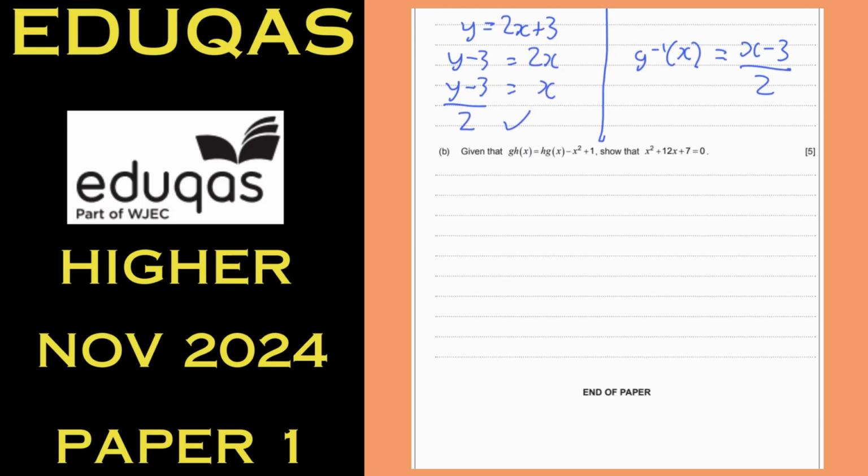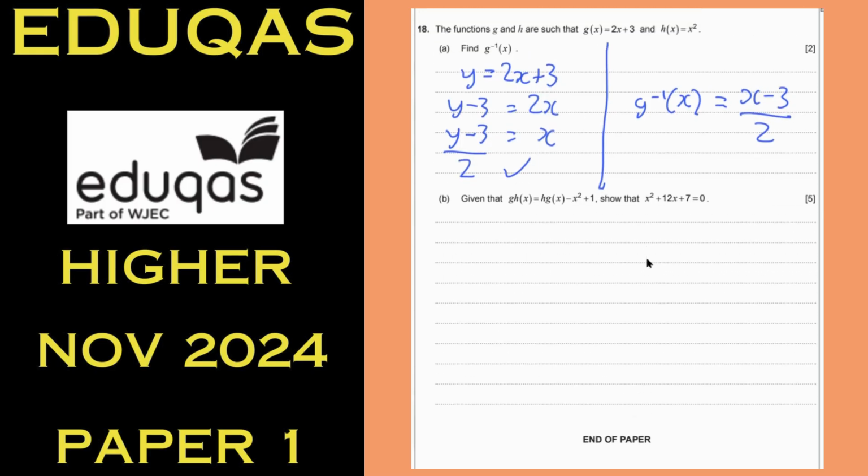Finally, part B. Given that the g of h of x, let's start with that. The g of h of x means put the h of x into g. Put this into there. So where we saw the x, we replace the x with x squared.